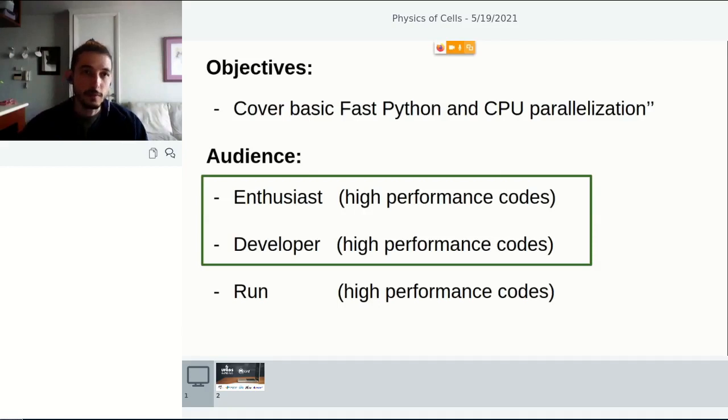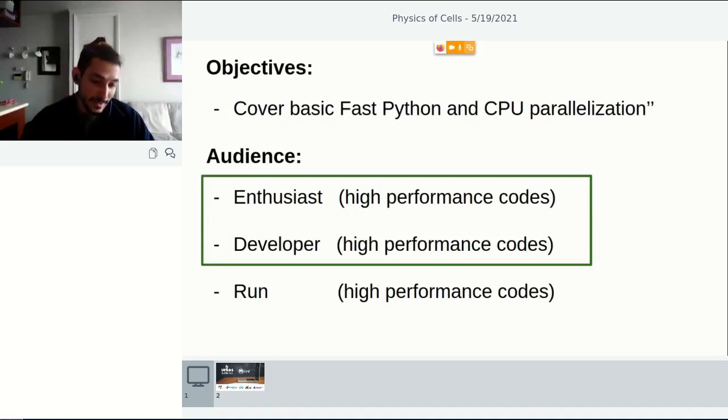And the objective here is to cover the basics about how you can make fast Python code and CPU parallelization. The idea here is that there are three audiences for this. There are the enthusiasts in high performance codes. There are the people that work with that or not, and they like to know how it works, but not necessarily to develop codes.